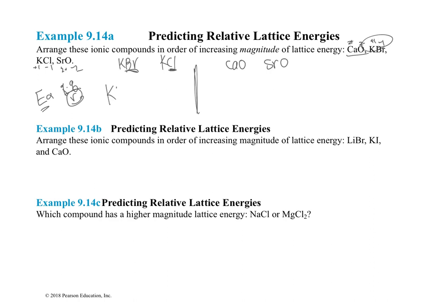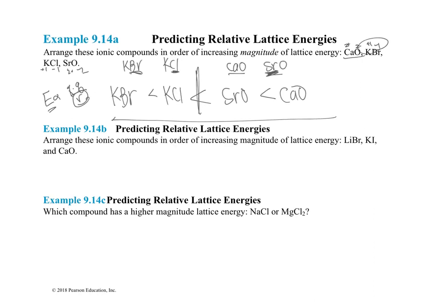So we'll have potassium bromide be the weakest, then potassium chloride. Now if I look at calcium versus strontium, strontium is below calcium on the periodic table, so it has a bigger radius, so that means it will be a weaker force. So we'll have strontium oxide and then calcium oxide. So we can compare all four like this.